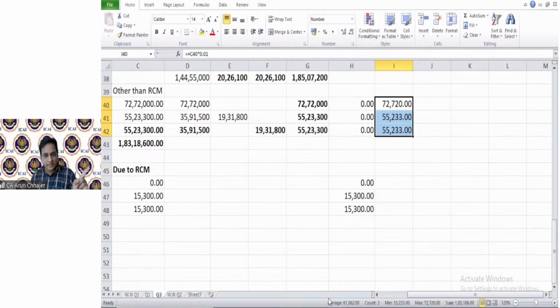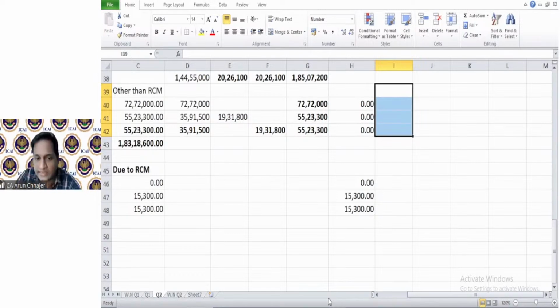You have already had one example on Rule 86B, so I am not repeating, but yes, you can apply Rule 86B, and you can use less ITC, and the balance you have to pay in cash. There may be some calculation problem, or you may write it in the working note also.